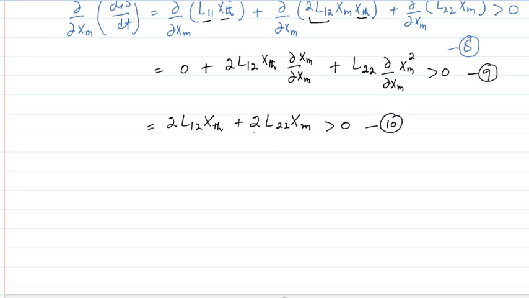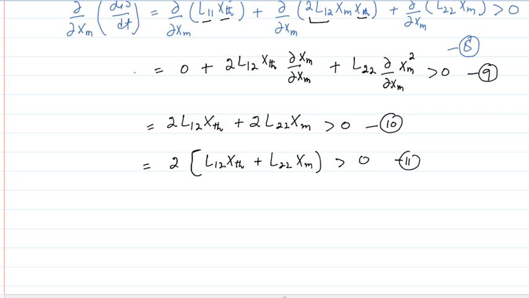Or we can simply take out this 2 outside and we can write simply L12 xth plus L22 xm, it will be greater than 0. So this will be 11.